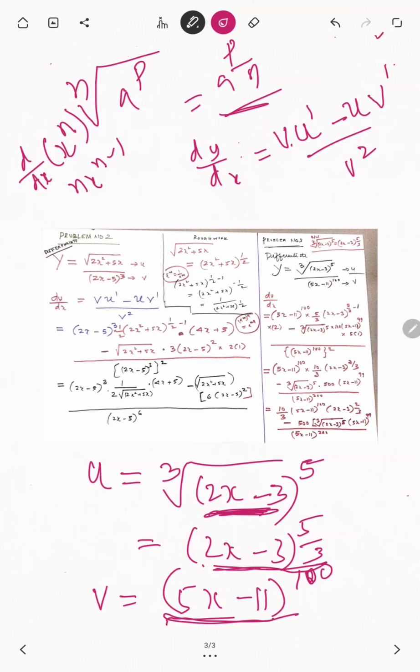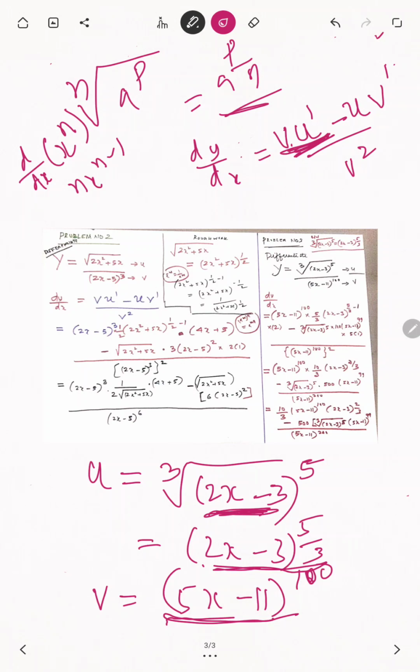Now what is completed, my dear student? Only vu' is completed. Other things are not completed. What are the other things? Minus uv' is the other process. They are telling minus, that's why I am writing minus in the middle. You come here, u is what? Cube root of (2x minus 3) whole power 5.